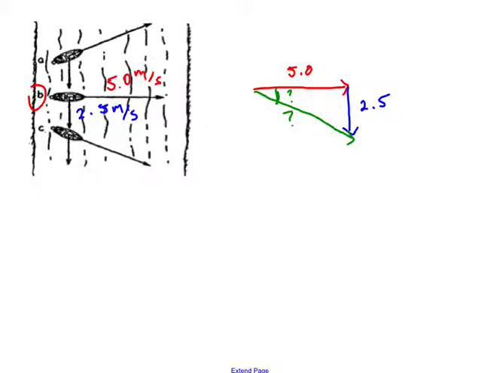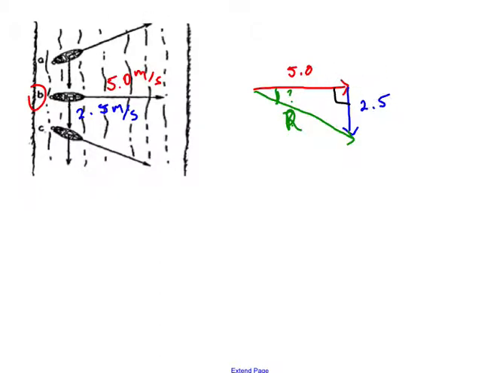So let's start doing some addition of vectors. This is all x, this is all y. So I'm looking for the resultant. That means that this angle right here is a 90. If this is all x and this is all y, that's a 90-degree angle because x and y are 90 degrees to each other, perpendicular.